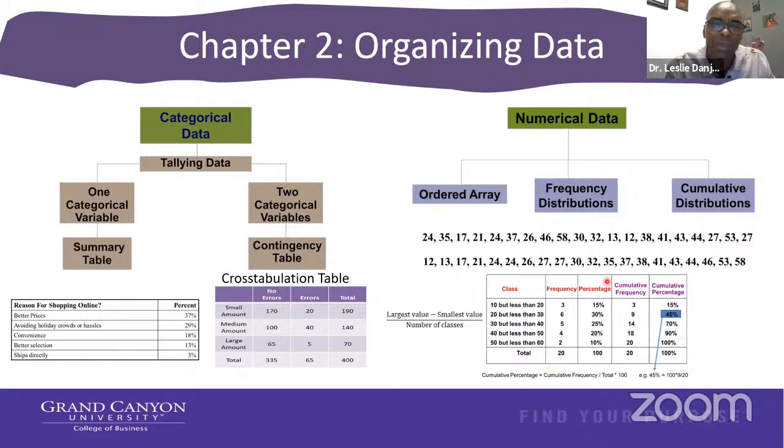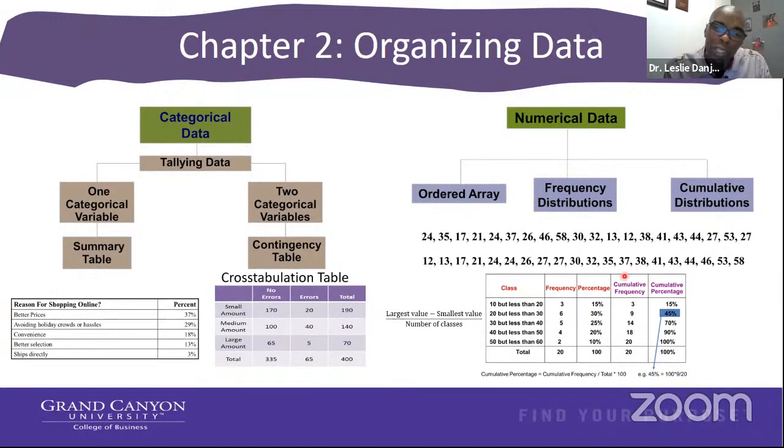It allows us to find a percentage. We can take that number 3, divided by that 20, and times 100, and you will get your 15%. And that is your frequency percentage. Some of you guys hate percentages, but all it is, is that small number divided by the total times 100%, and that will be your percentage.